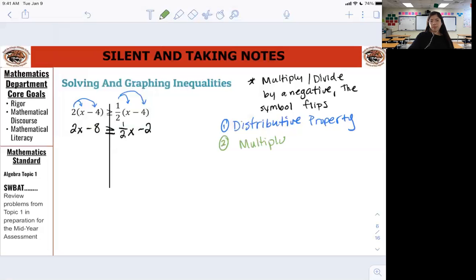Multiply. Good, I see Alyssa typed it in the chat. We're going to multiply by 2 because we only have one denominator to worry about. That's easy. All we have to do is multiply by that number. But remember, we have to multiply by 2 all the way, everything. Everything gets multiplied by 2.